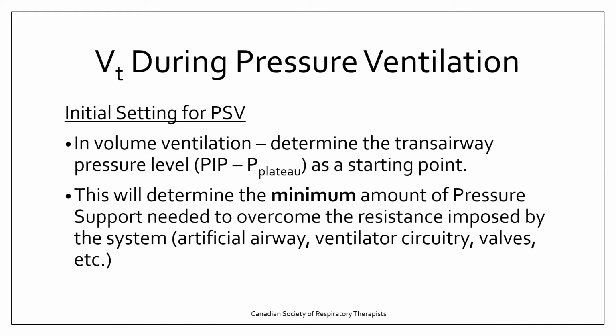So now you're setting a bit of pressure support to overcome that resistance of the airway. So that's sort of the minimum amount of pressure support that a patient will need. The resistance could be imposed by an artificial airway, the ventilator circuit, valves, or their own resistance themselves. So it's a really good starting point.